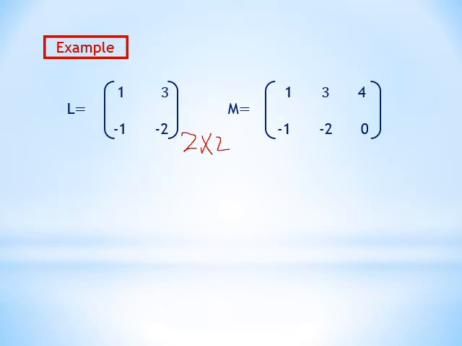But order of M is 2 rows and 3 columns. It has 1, 2 and 3 columns. Now definitely the first condition is not satisfied. It means that there is no need to check the second condition.